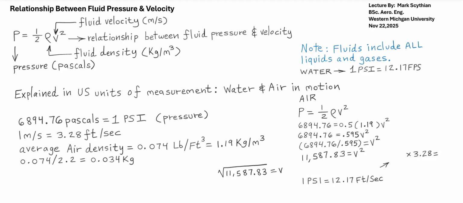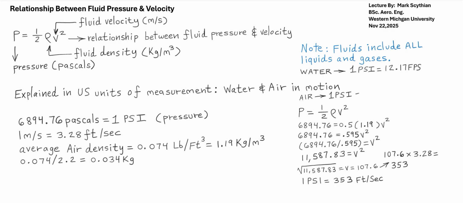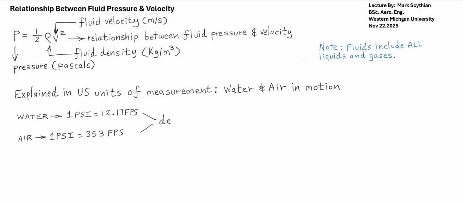And so we get the pressure velocity differential for air. And this comes to 1 psi is 353 feet per second. And these are, of course, density specific because obviously the densities of air and water are vastly different.